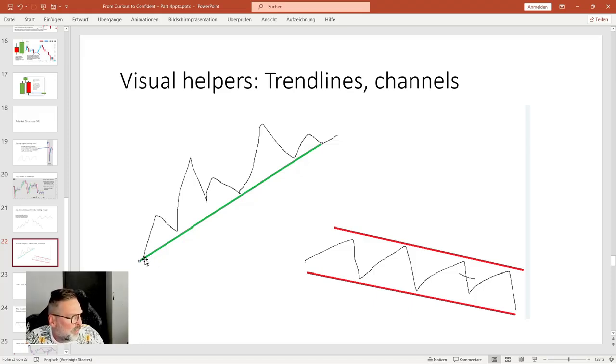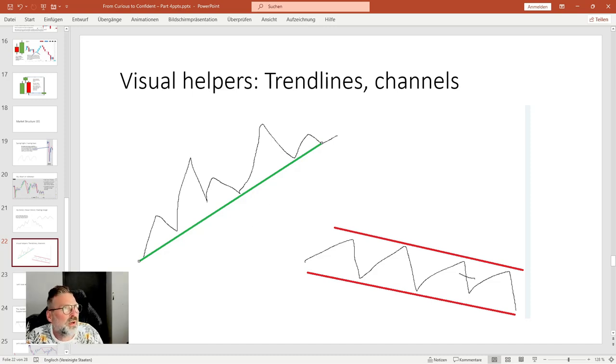In this case, when the lower highs line up on one side, you can draw a trend line here and then you see, okay, it's going up.